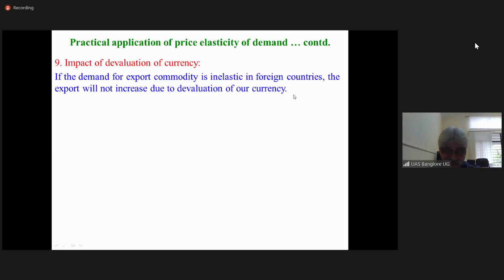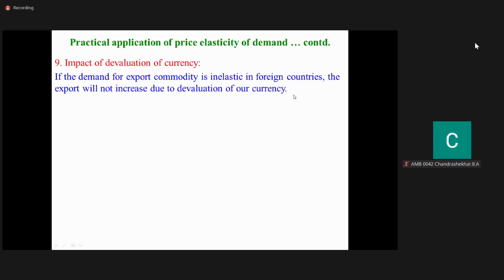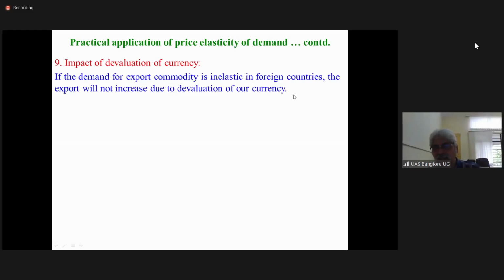Demand is inelastic. In that case, even if we devalue the Indian rupee, even if the American importer gets 100 rupees per dollar instead of 75 rupees, he will purchase only 1.5 kgs. Then our export will not get a boost.